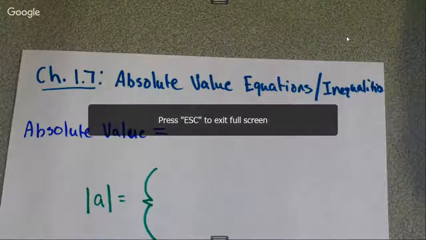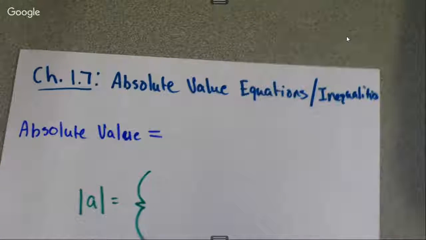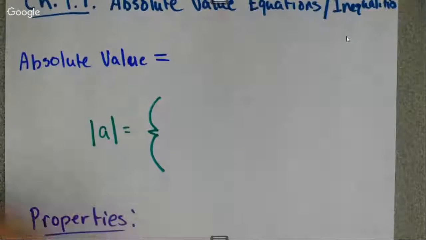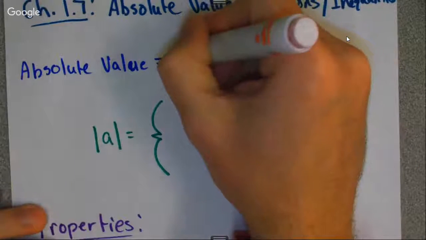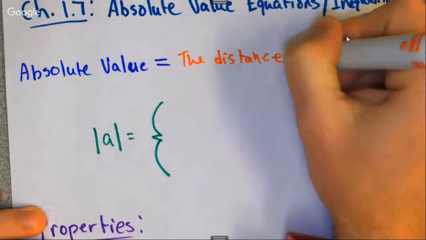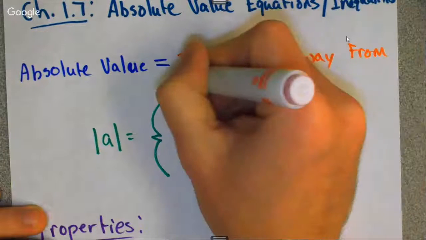We're going to talk about chapter 1.7, which is absolute value equations and inequalities. So we first want to talk about what is an absolute value. Well, absolute value is simply the distance away from zero.